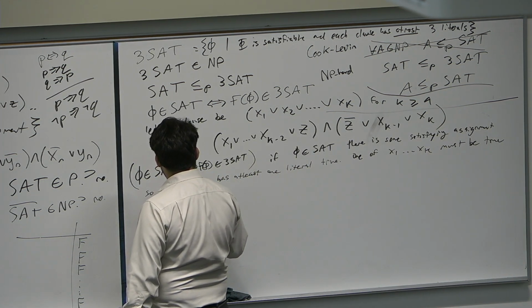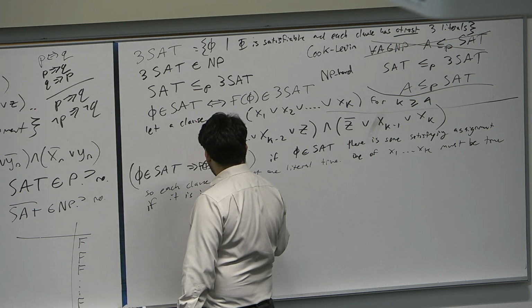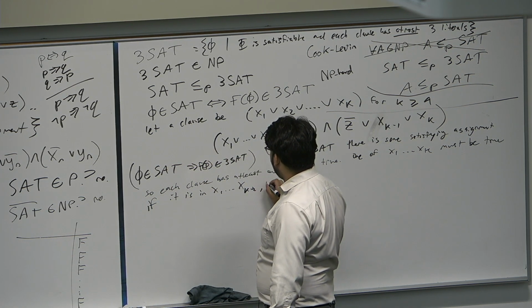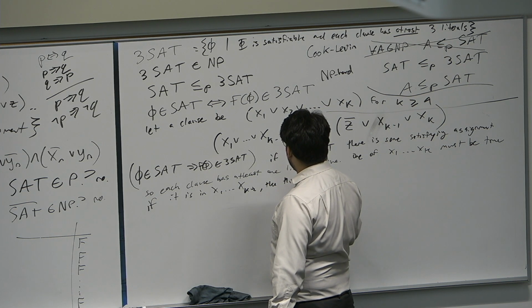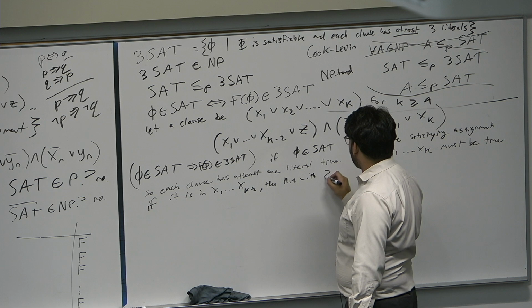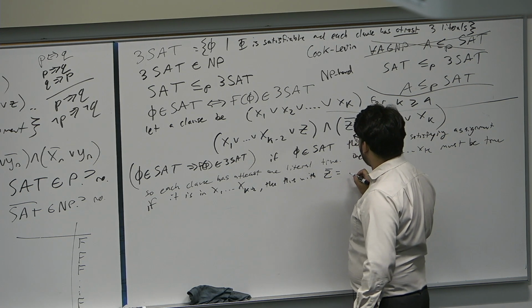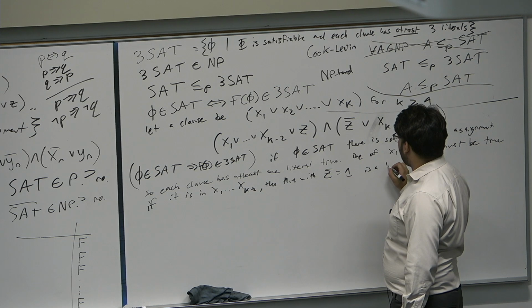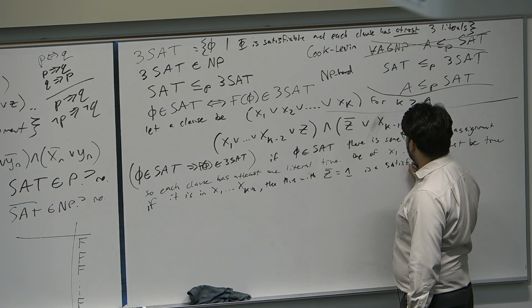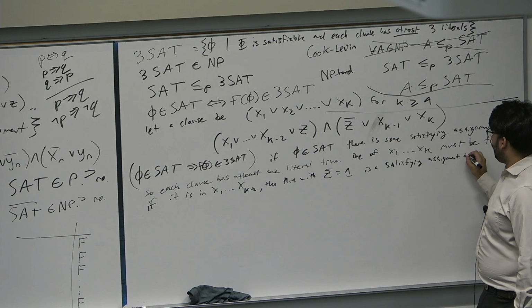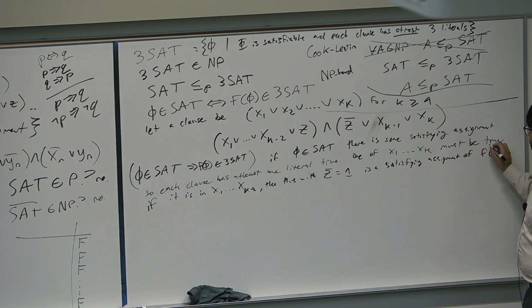If it is in x1 to x k minus 2, then this with z equaling 0 is a satisfying assignment of f of phi, right?